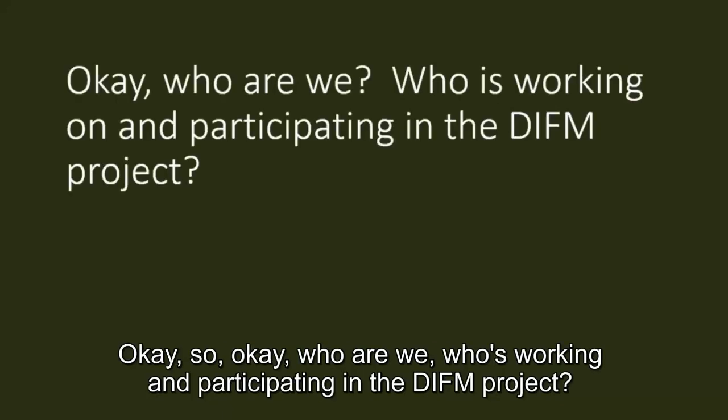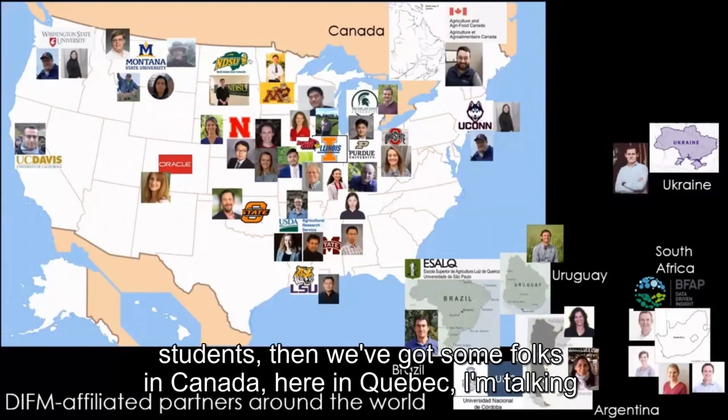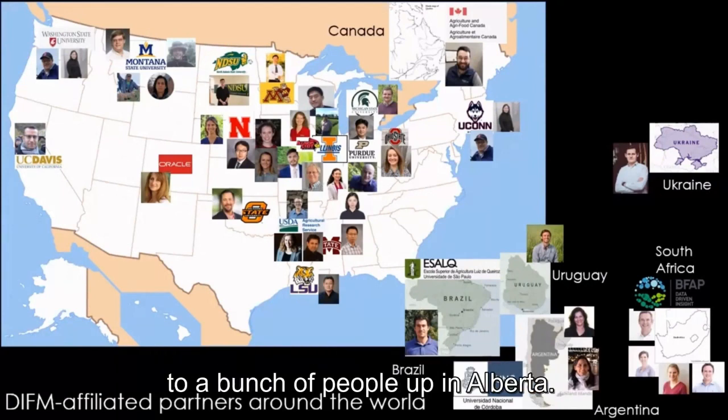Okay, so who are we? Who's working and participating in the DIFM project? A bunch of people, in a bunch of states. These are professors and grad students. And then we've got some folks in Canada, here in Quebec, and I'm talking to a bunch of people up in Alberta.